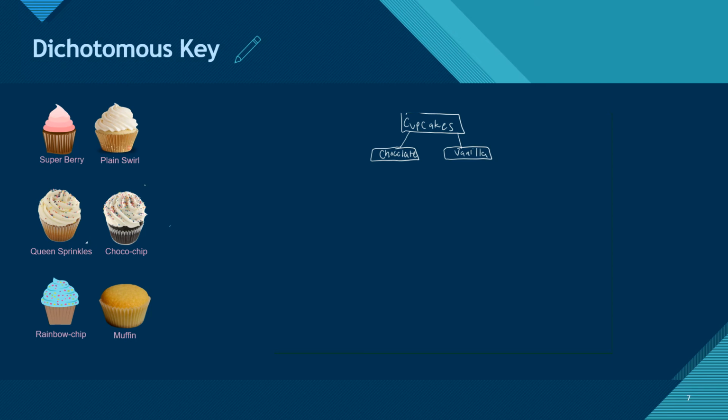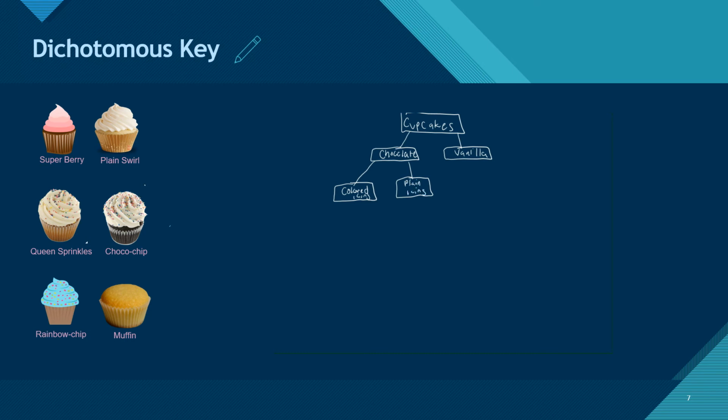We can look at our chocolate cupcakes and see that we have 3 of them, but we need to differentiate them all the way down to the last detail. I can see that I have 2 with colored icing and 1 with plain icing. So I can write colored icing and plain icing.